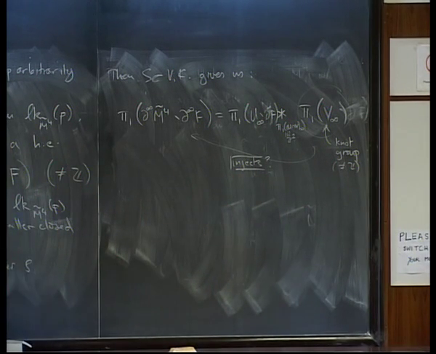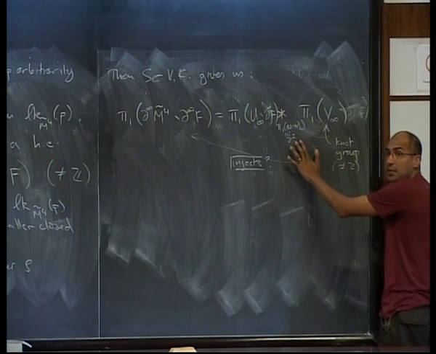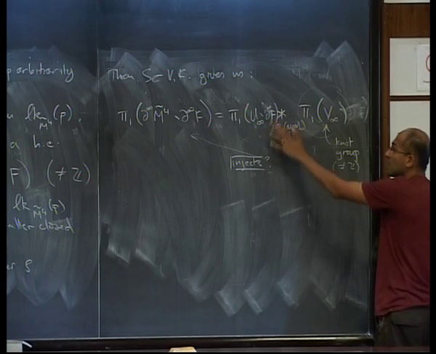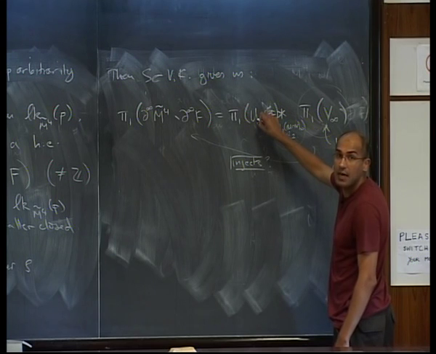Well, you're taking an amalgamation, so the only thing that could conceivably happen is you'd be killing off some elements. So some elements here might get collapsed down in this factor. Okay?